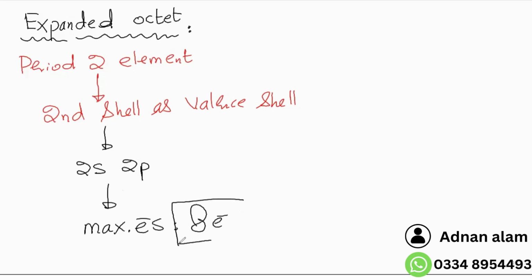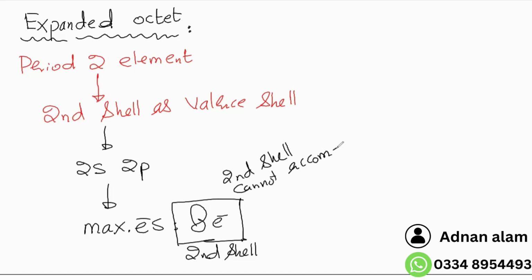This means all the elements of period 2 cannot have more than 8 electrons in the valence shell.